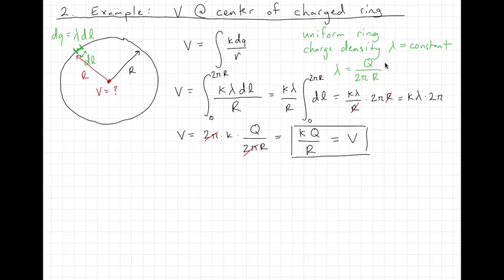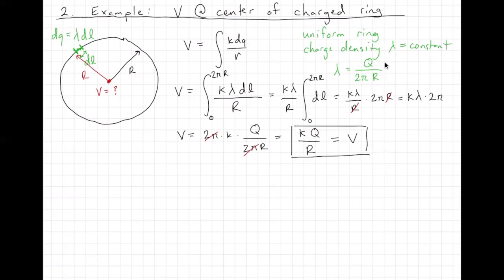One thing I want to point out here, though, is what was a lot easier about finding the potential here than had we tried to do the electric field: the electric field's a vector and the potential is a scalar. At no point did we have to consider the direction of anything. Because the potential is a scalar, it doesn't matter where your dq is, it's still contributing the same potential to the center.